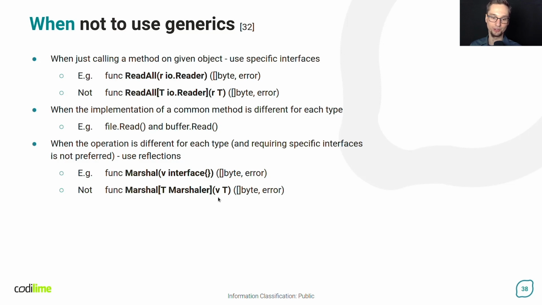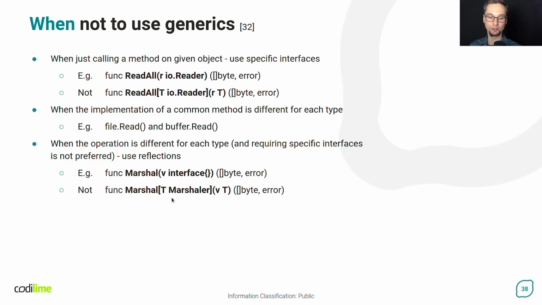So we could take input data with a type parameter T, and this type parameter T could have a Marshaller constraint, which would have a list of methods needed, but such a signature would require the user to wrap his data in a type that implements this Marshaller constraint.